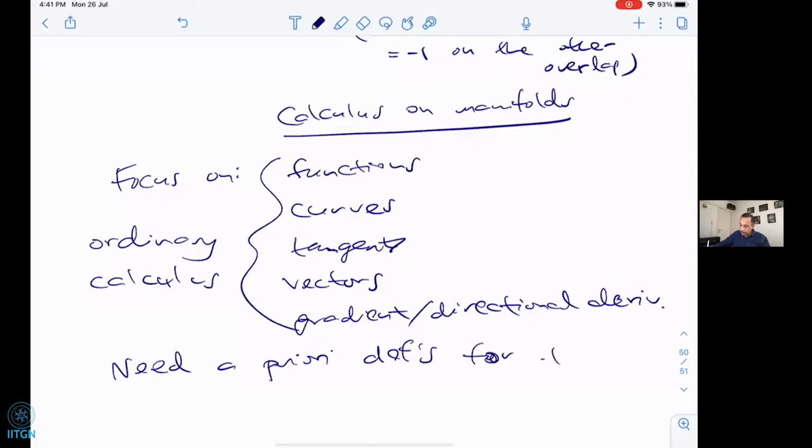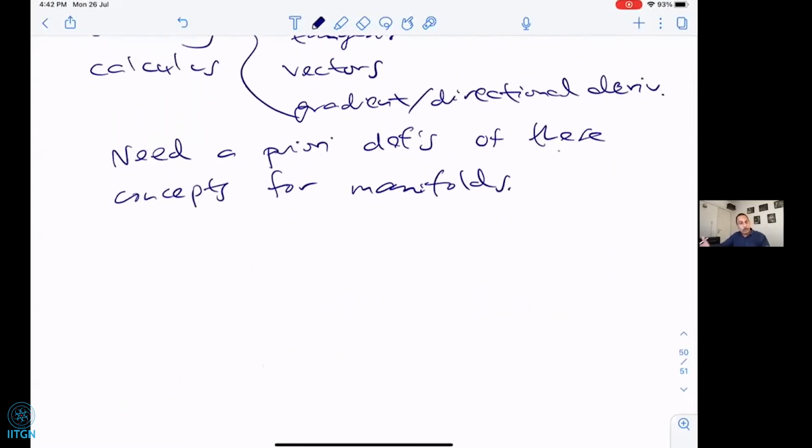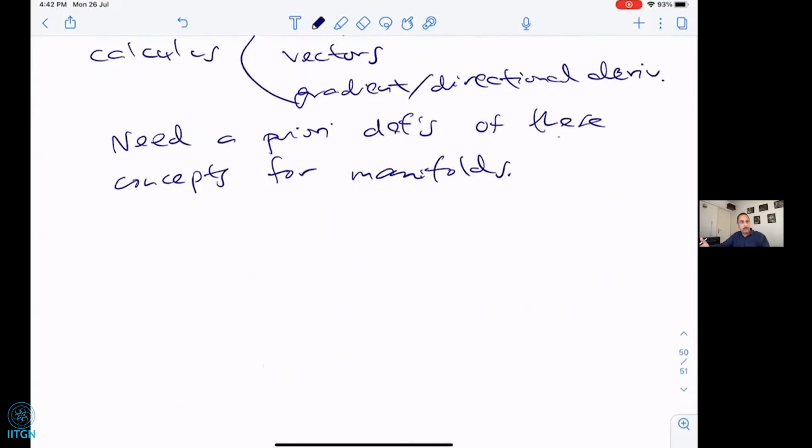There's a lovely textbook by Spivak called Calculus on Manifolds. It's very short. That's one of the things I used to love about it. So, a priori definitions of these concepts for manifolds. Good. And how are we going to do it? Well, you already guessed it. How we do it is always the same.